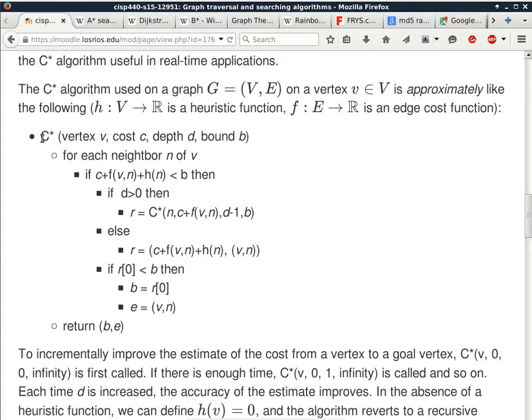So based on the last time the C-star algorithm comes back and gives you a recommendation, at least you have something to do. Okay, there's one recommendation. It may not be well informed, because you can only go so far, but at least it will give you an answer. So that's the C-star algorithm. It's simple to implement.